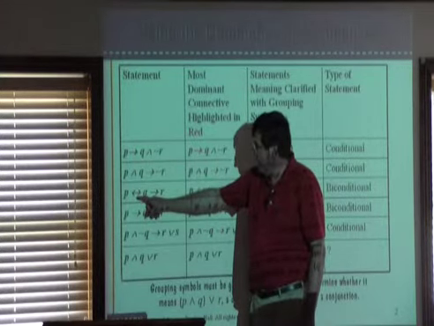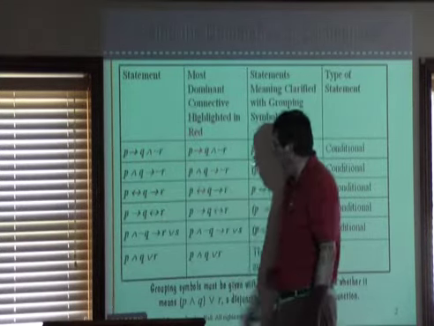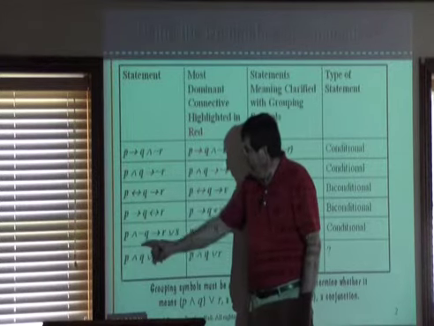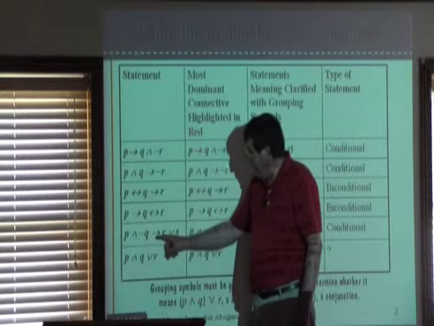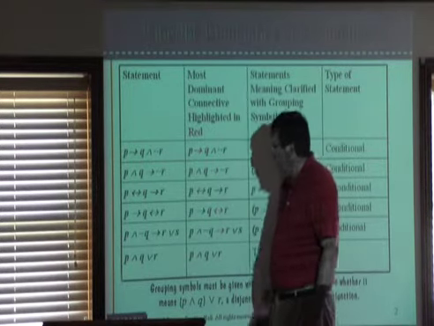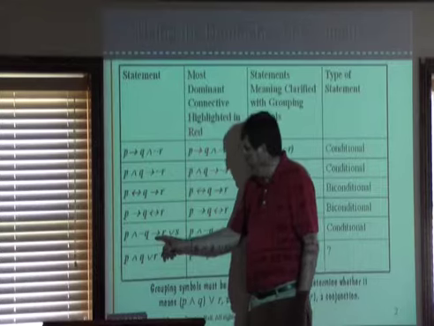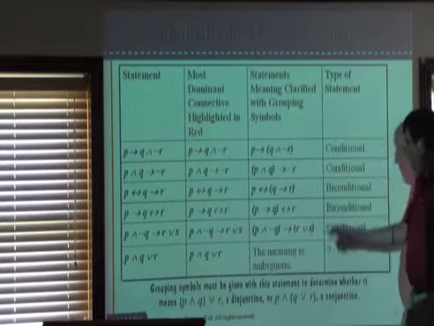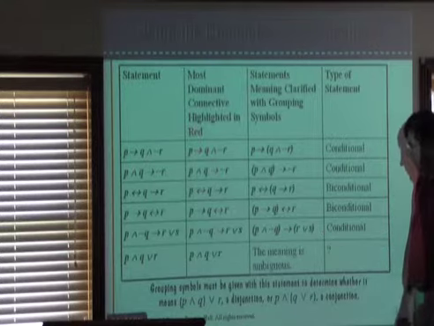This is the most dominant, so these must be grouped. Make sense? Now let's look at this one, okay? And this one, I've got a conditional which is dominant over the others. So that would mean that the left side should be grouped, and it would mean that the right side should be grouped as well. So the left and the right are grouped.